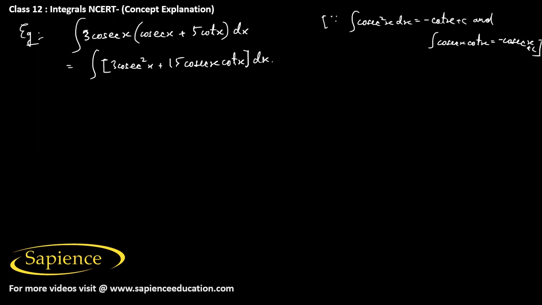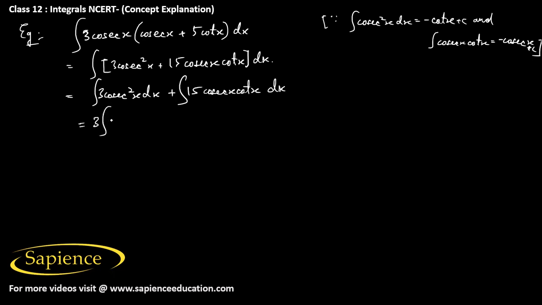Arbitrary constant should be added if there is an indefinite integral. So this will be integral 3 cosec square x dx plus integral 15 cosec x cot x dx. So these constants will come outside of the integral.